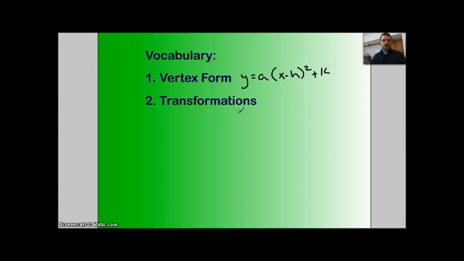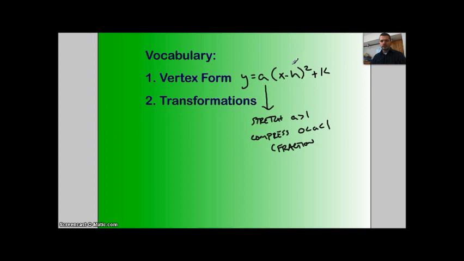And you know the transformations usually have to do with the a value. That's going to tell you if it's going to be a stretch, if a is greater than 1, or a compression, if a is between 0 and 1. Most often it's a fraction.